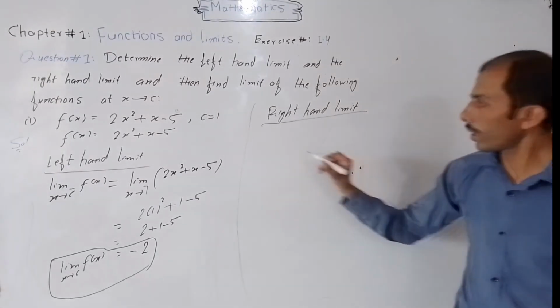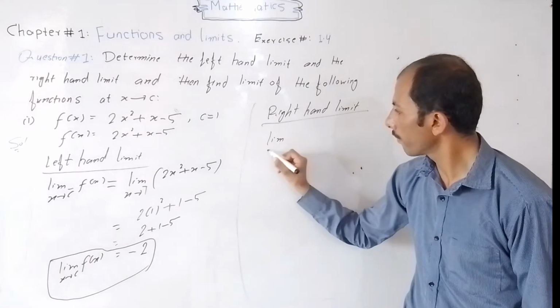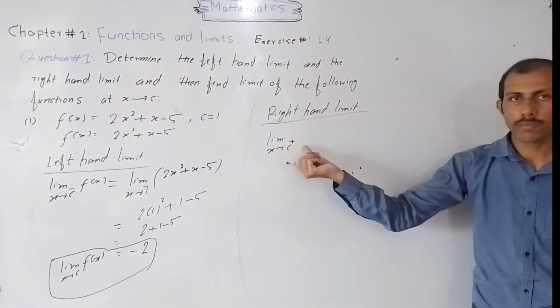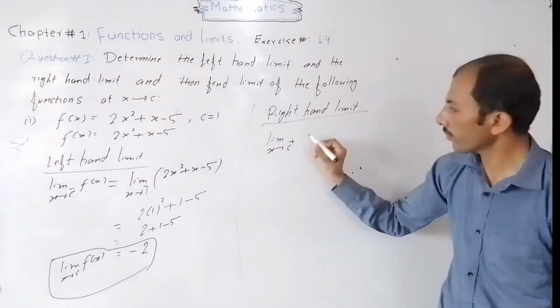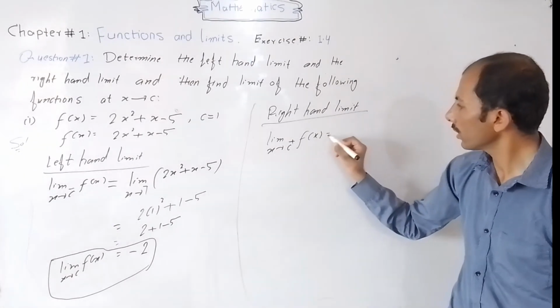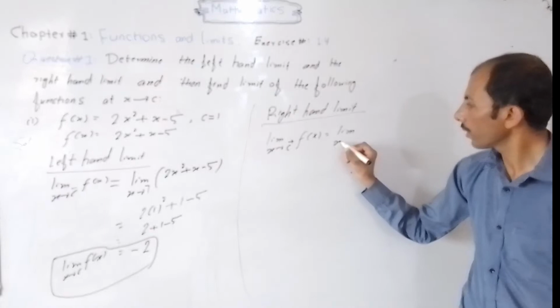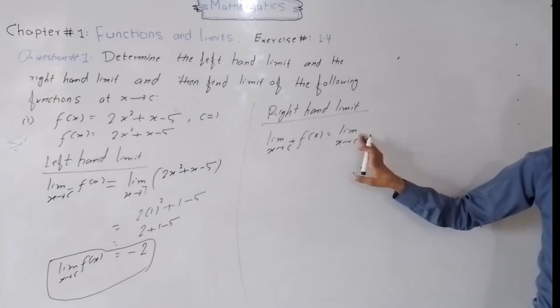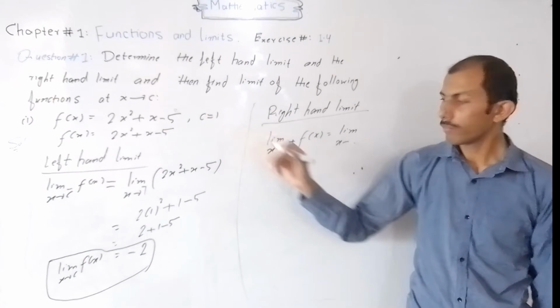Right hand limit. Limit as x approaches c, right hand denoted by plus sign, of f(x) is equal to limit as x approaches c, value of c is equal to 1.